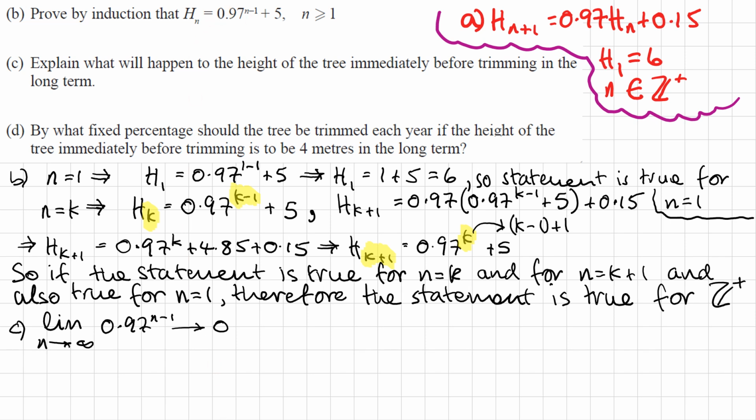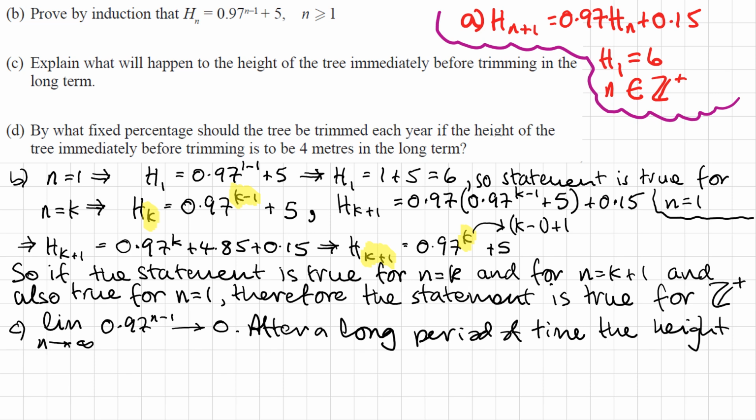So we could say that after a long period of time, the height of the tree will tend towards, or approach, 5, and that's 5 meters. I want to make sure it's in context.